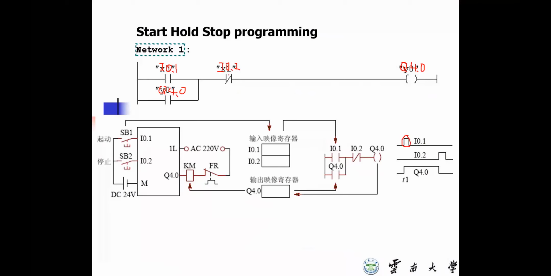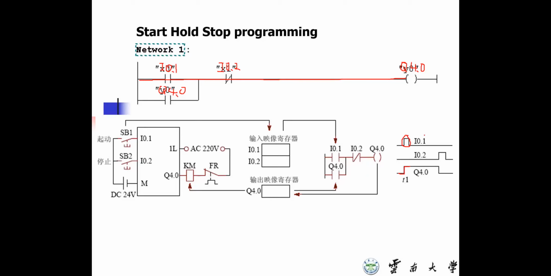and maybe I 0.2 is 0, so this is conduction. So Q4.0 is 1.